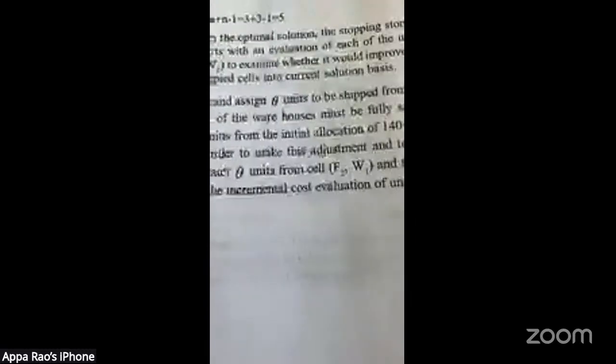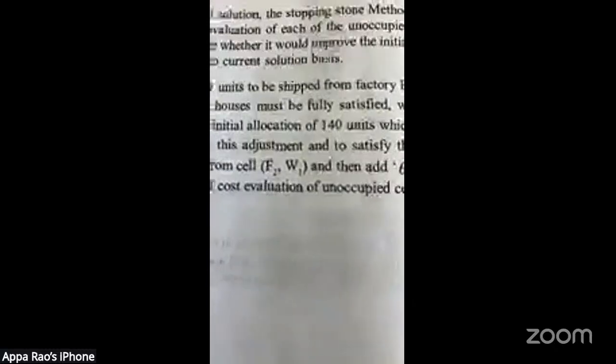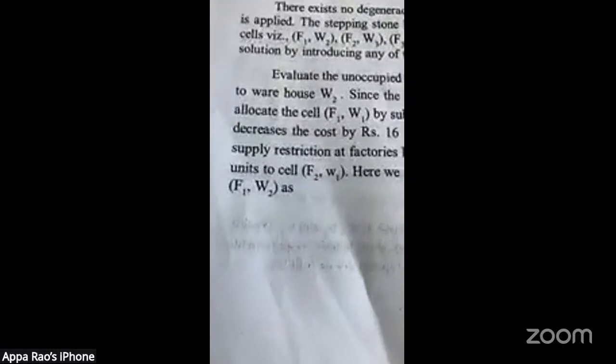Here we can compute the incremental cost evaluation of unoccupied cell F1 W2.